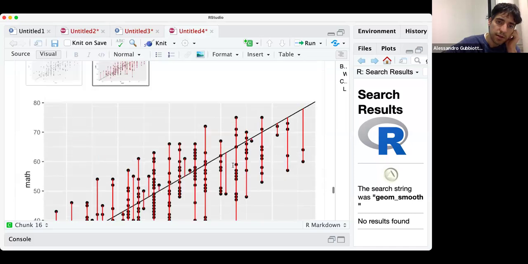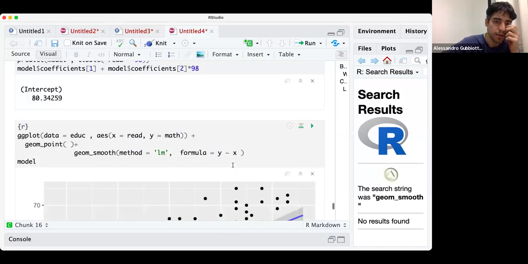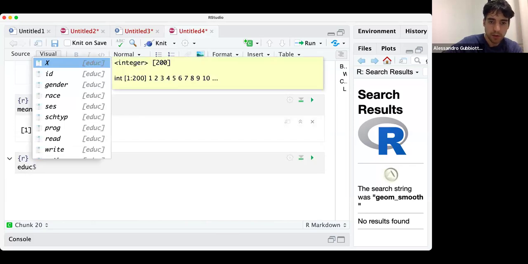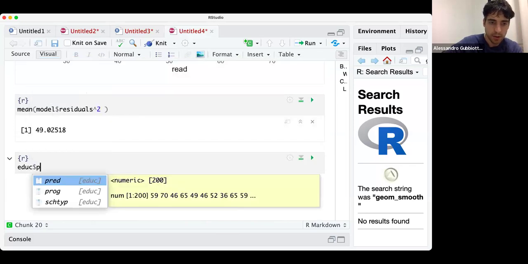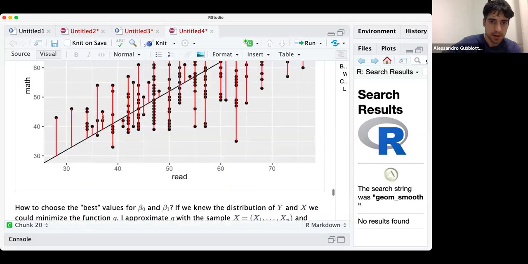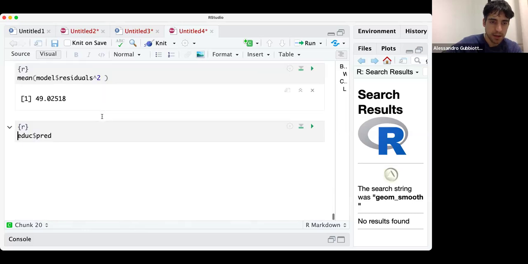Okay, so now it is the same, and let's compute the residuals. So we take the educ prediction, the prediction with not the regression line. So these are not the residuals. These are this red, the length of this red segment.